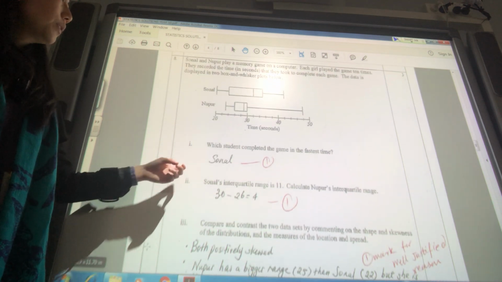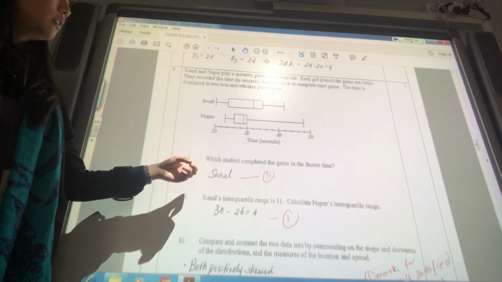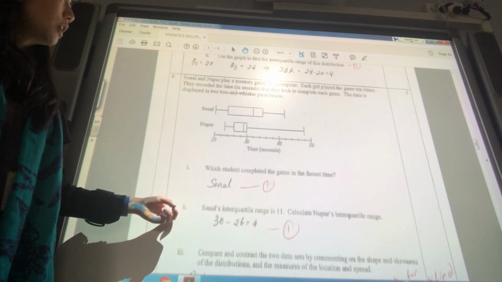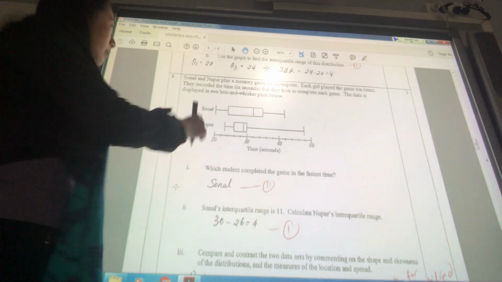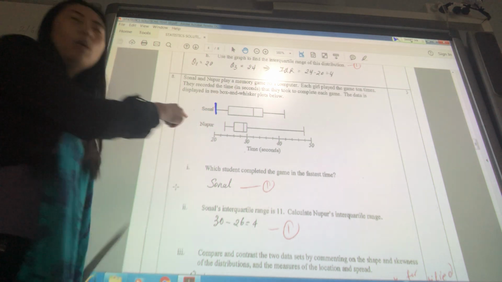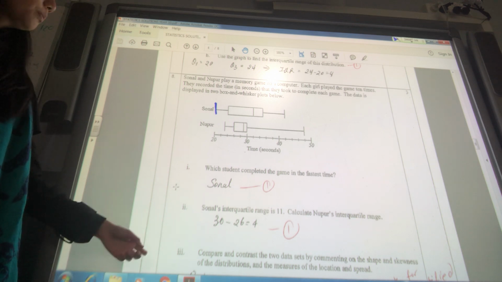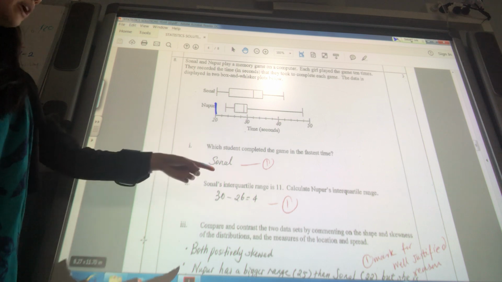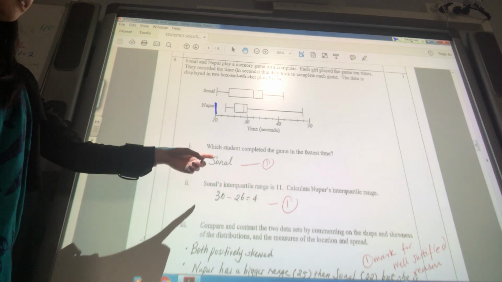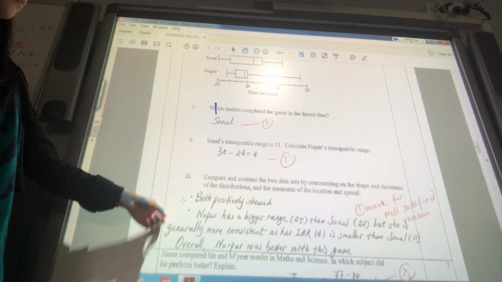Question 8. First one, which student completed the game in the fastest time? So the fastest time would be this person because it's 20 seconds, right? Just the smallest number. Sarah, can you see that please? Thank you. And then the interquartile range for this person is 11 and the other one is 4.